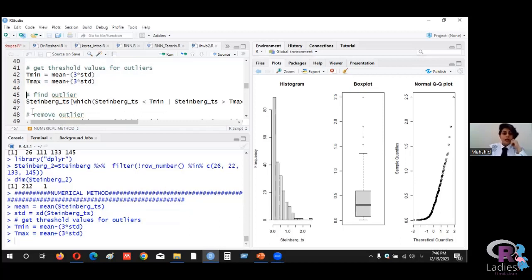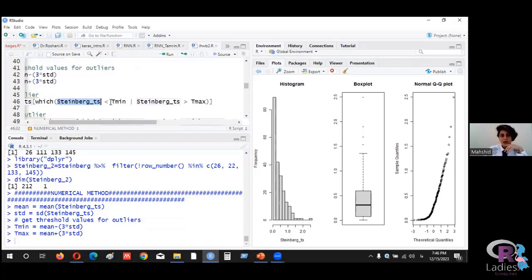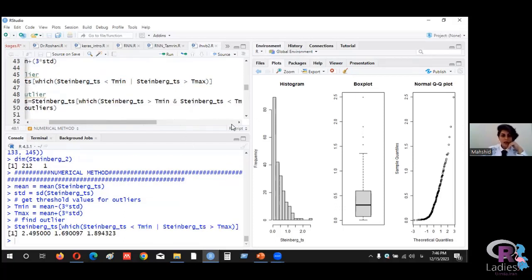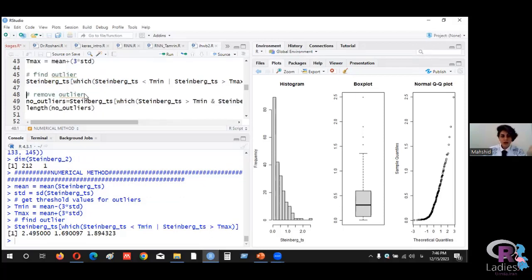Okay, so now I defined the threshold. Now by using this code, we have to find the outliers. It means that by using the function, go through the time series and find the data which are less than T mean or more than T max. Okay, at first I have to find them.